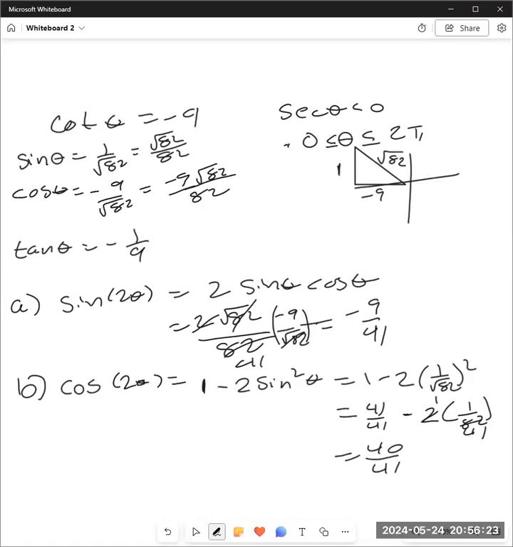They left that as 80 over 82, which doesn't make any sense. So reduce your fractions here.